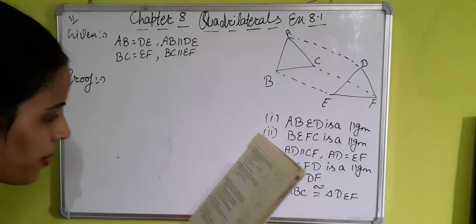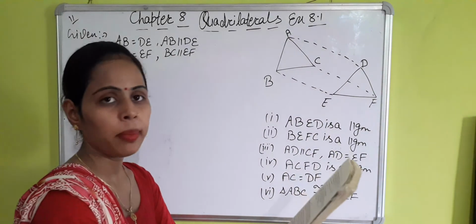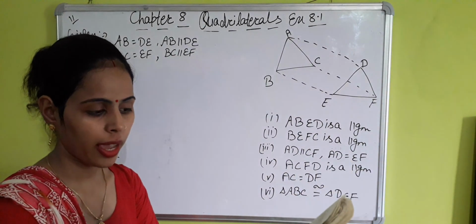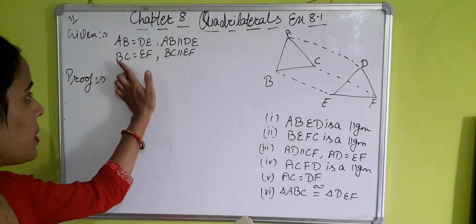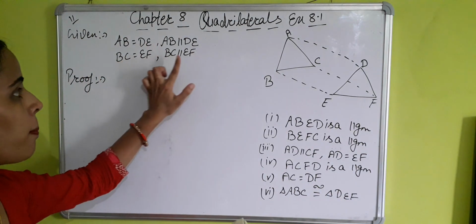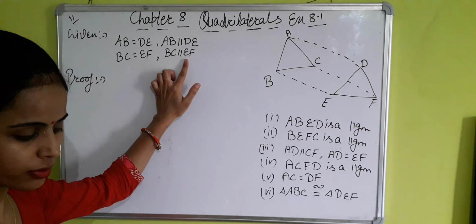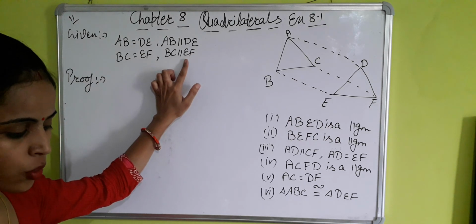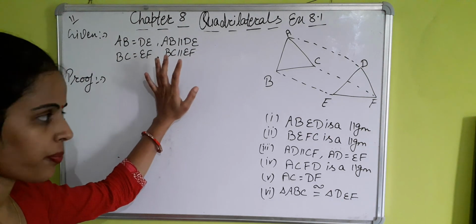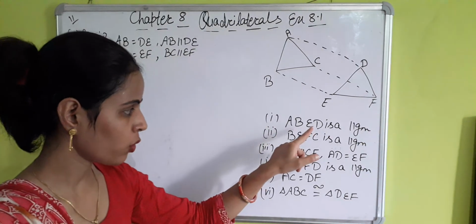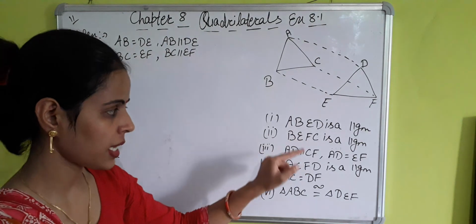Question number 11. In triangle ABC and triangle DEF, AB equals to DE, AB parallel to DE. BC equals to EF, BC parallel to EF. A, B, C are joined to vertices D, E and F. Show that ABED is a parallelogram, BEFC is a parallelogram.